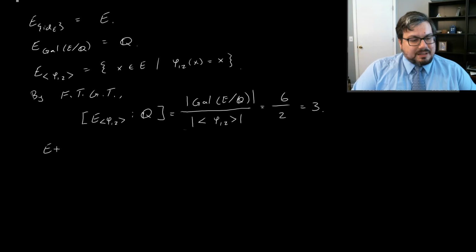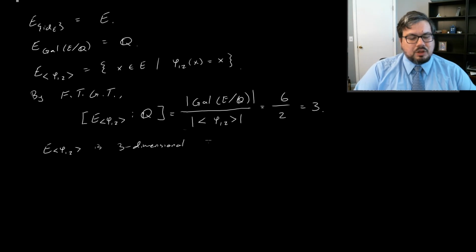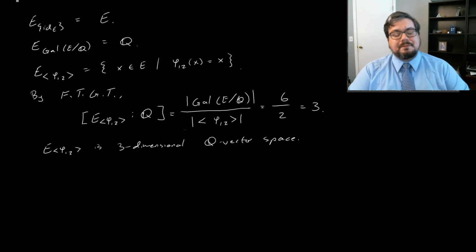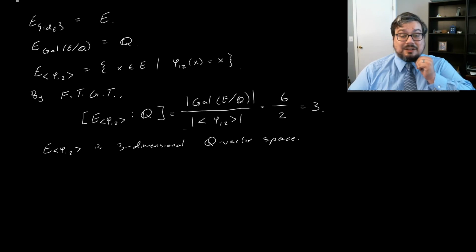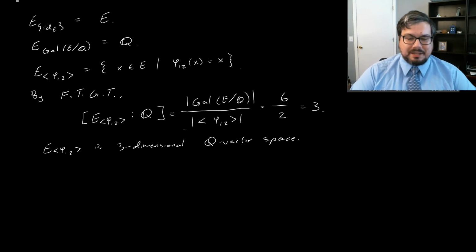So we have that E^phi12 is a 3-dimensional Q vector space. Once you know this, a lot of times there's a natural guess as to what it might be.